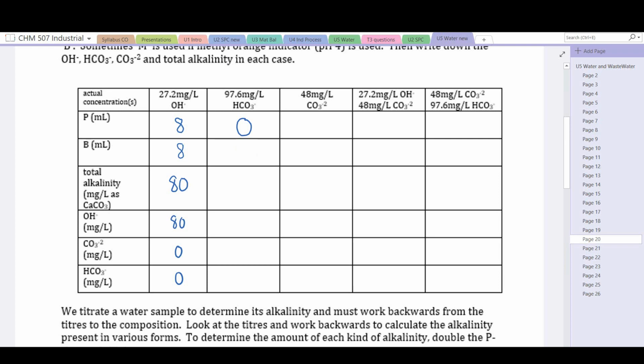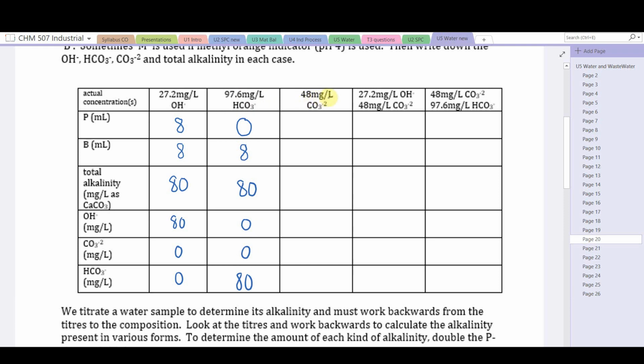But then bringing the solution to the bromocresol green endpoint would require 8 mL to neutralize the bicarbonate. So the total alkalinity again is 8 times 10 milligrams per liter per mL, which is 80. This time it's all present as bicarbonate. But it's reported as 80 milligrams per liter as calcium carbonate rather than 97.6 milligrams per liter as bicarbonate.